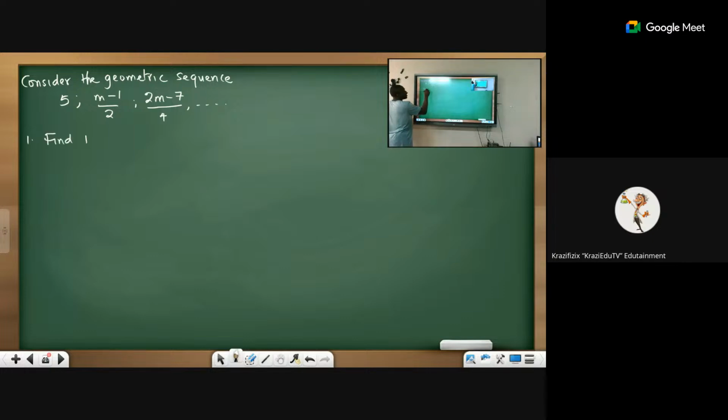Find the value of m. 2. Find the value of the 17th term. Please, you may start.